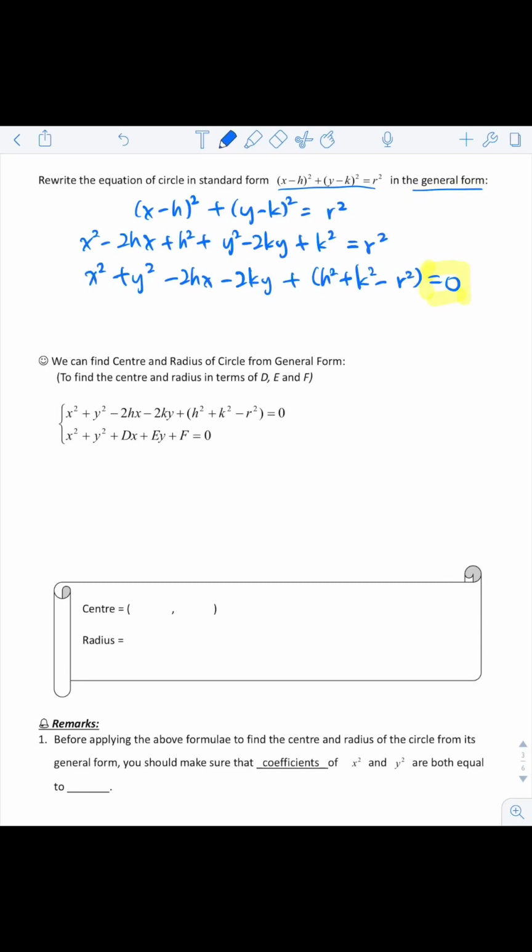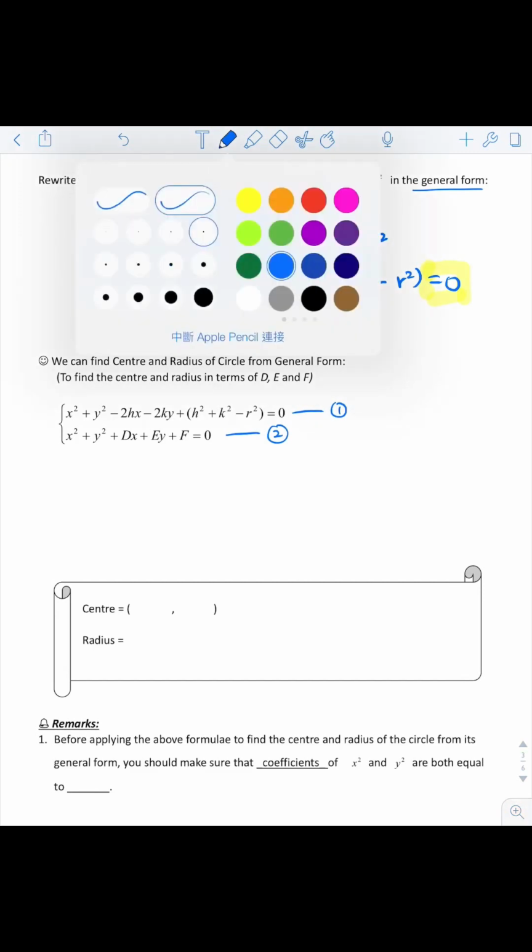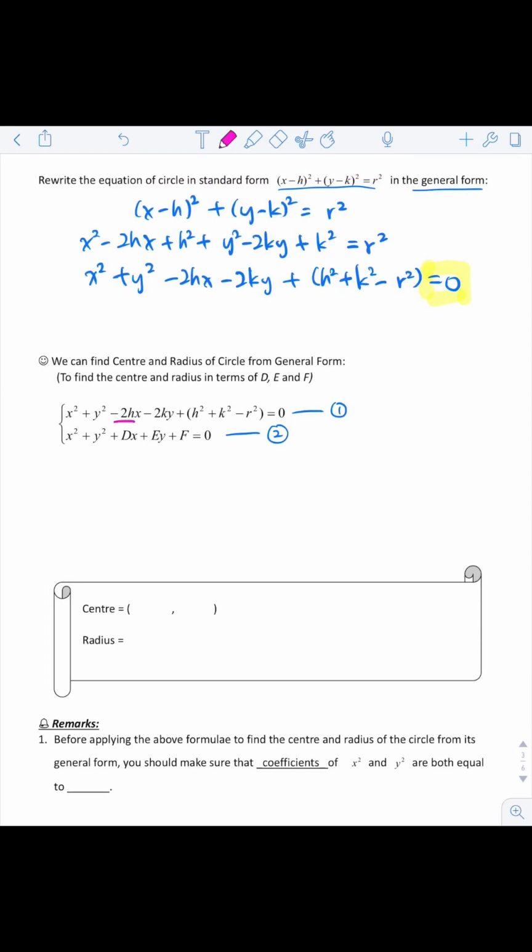Here, we try to compare the equations that we have already got and what we learned previously. Here, we compare the coefficients of like terms.